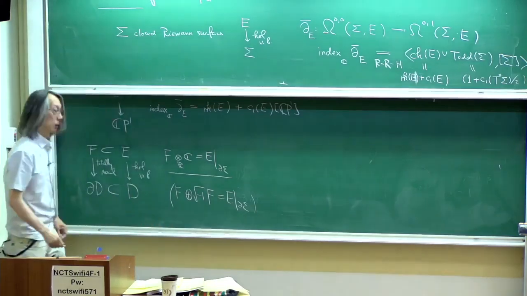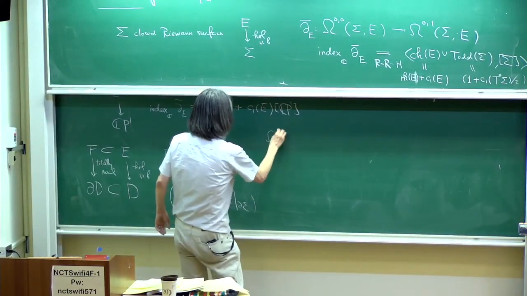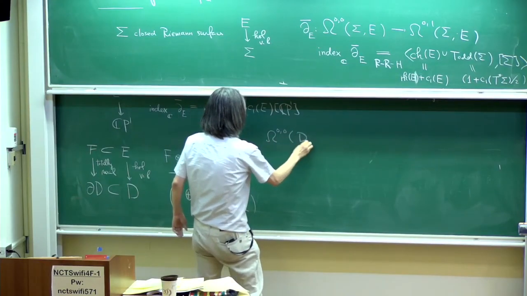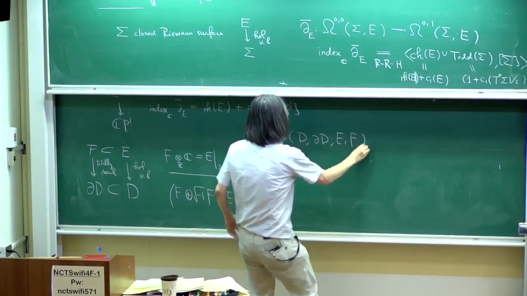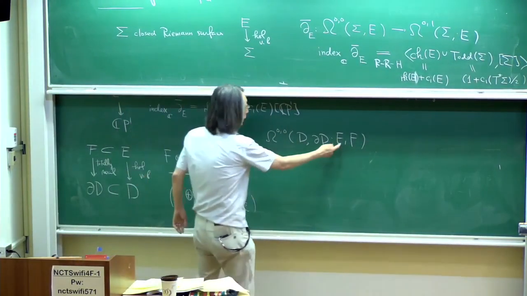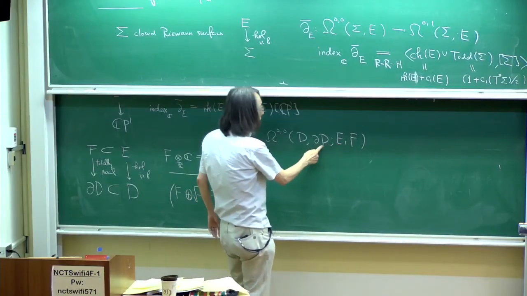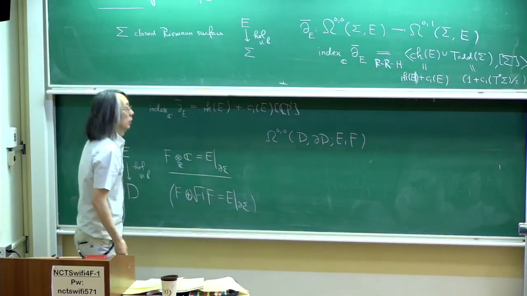And then we can consider the following: omega 0,0 of the disk and boundary going to E, F. So this is a section of E such that on the boundary, the section lies in this totally real bundle.